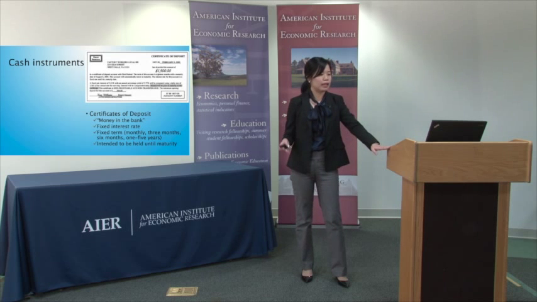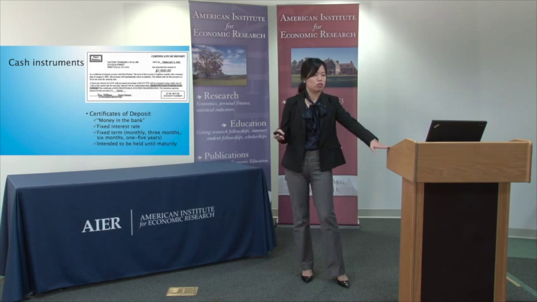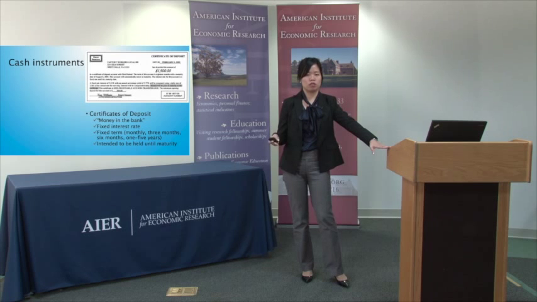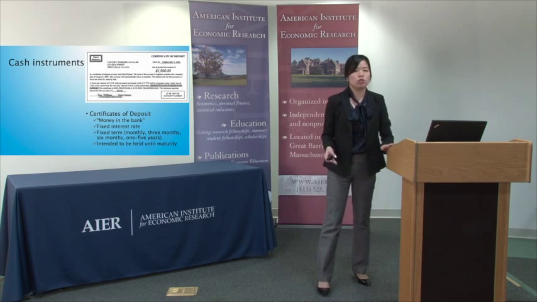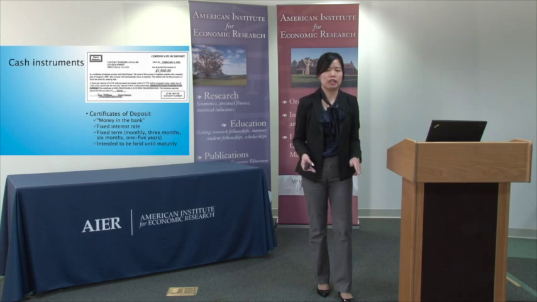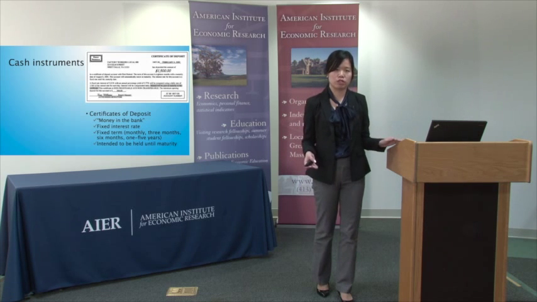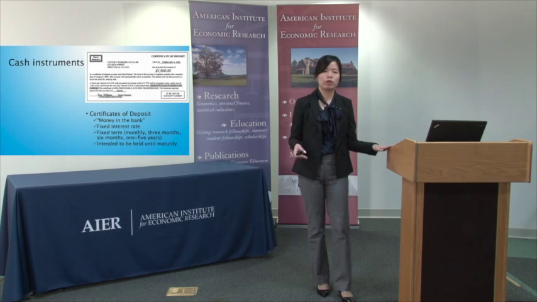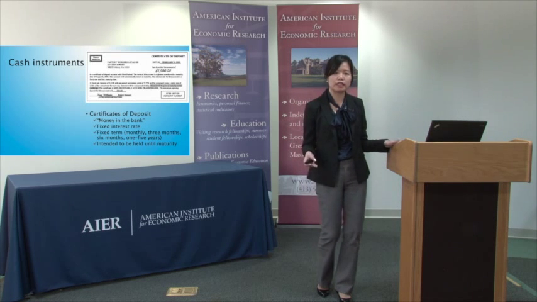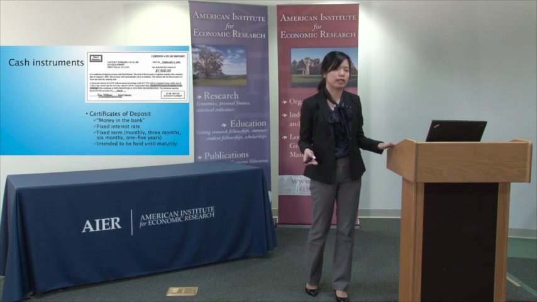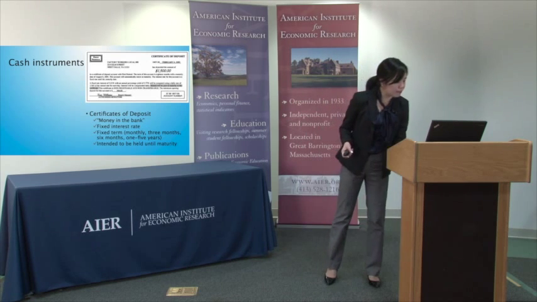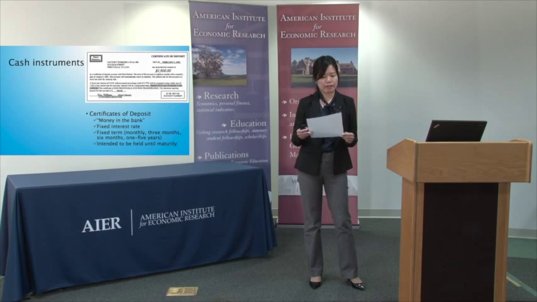There's one major disadvantage to this instrument, which is you are supposed to hold the CD until it matures. So if you want to withdraw your cash before maturity, you will have to pay a penalty. And a 5-year jumbo CD means you have to deposit a minimum of $100,000 in the bank.